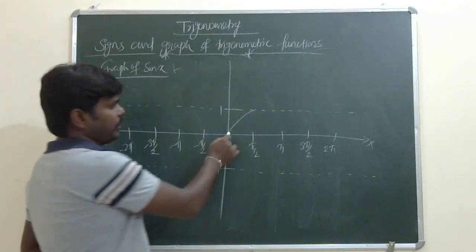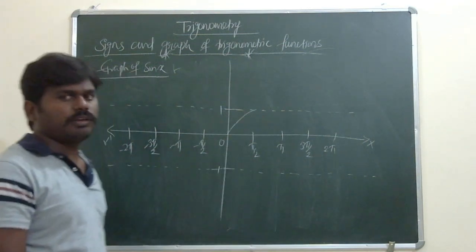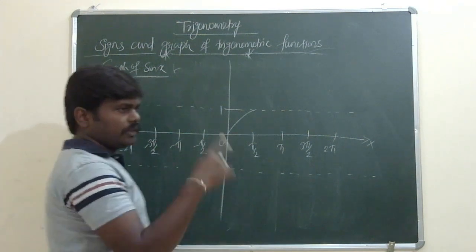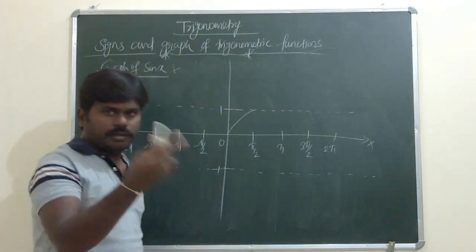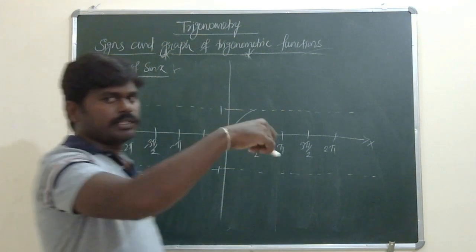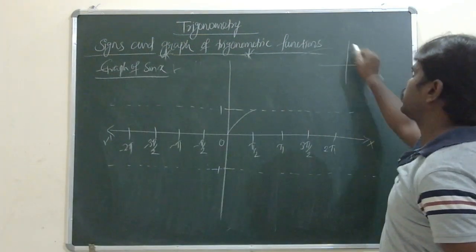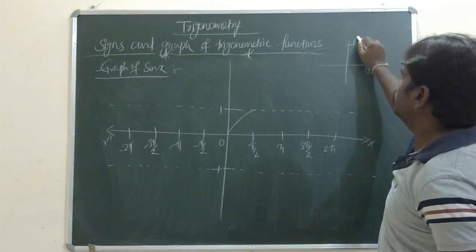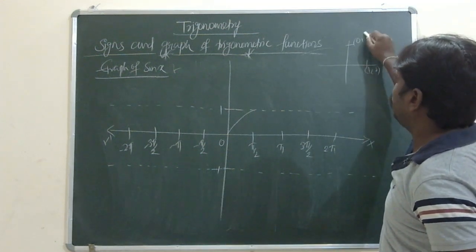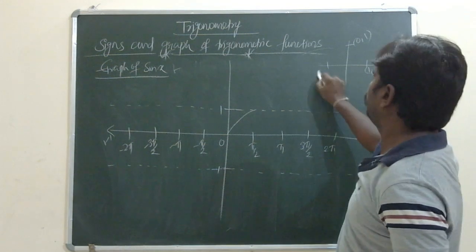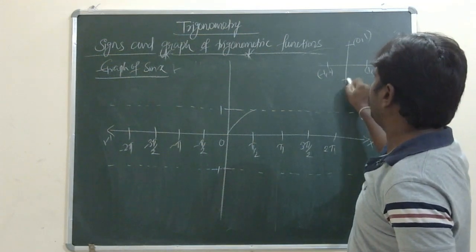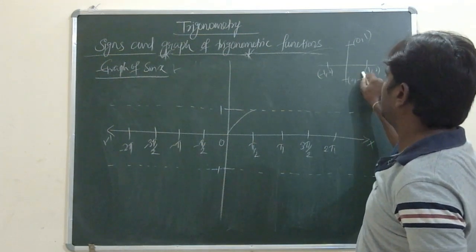Okay, so now when the value of theta increases, the sine value will increase in the first quadrant. In the second quadrant, it will decrease. Here we can see 1 comma 0, next 0 comma 1, and here minus 1 comma 0, and 0 comma minus 1.